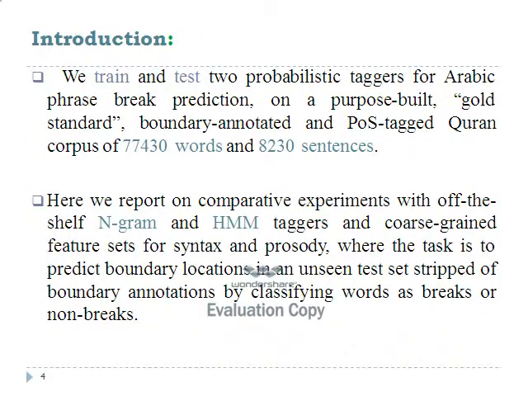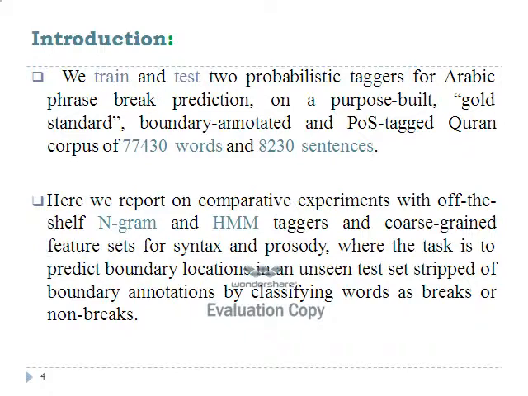We trained and tested two probabilistic taggers for Arabic phrase break prediction on a purpose-built gold standard boundary-annotated and part-of-speech-tagged corpus of 77,430 words and 8,230 sentences.